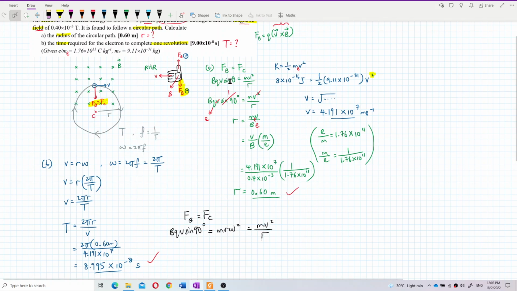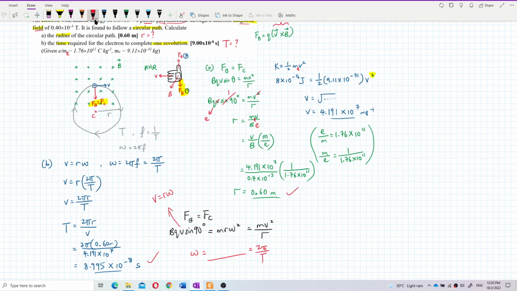You change V to R omega, so you can find omega here. You get omega, and from omega equals 2 pi over period, you can get the period.